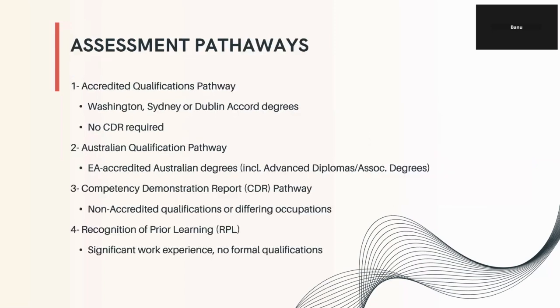What are the assessment pathways? There are 4 main assessment pathways. The first one, which I think most engineering students or graduates have heard of, is Washington, Sydney, or Dublin Accord degrees. You don't need to submit a CDR for this one. The second one is the Australian Qualification pathway, which is for Engineers Australia accredited local qualifications, meaning you have your bachelor of engineering in Australia.